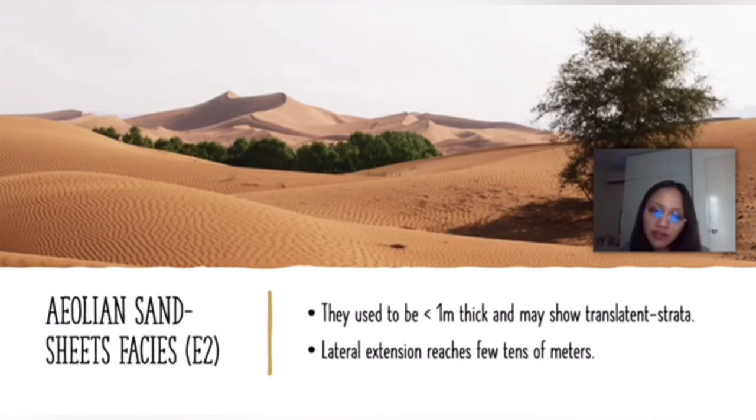And next, the lateral extension: they reach a few tens of meters. Lateral extension here, if I'm not mistaken, has to do with the principle of lateral continuity, where layers of sediments initially extend laterally in all directions. In other words, they are laterally continuous.